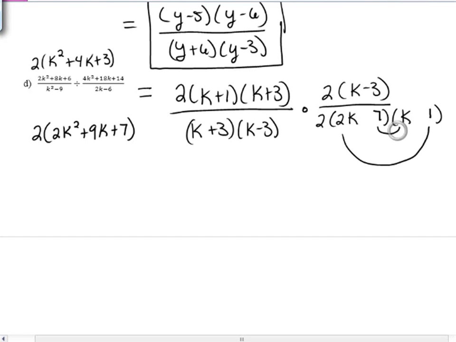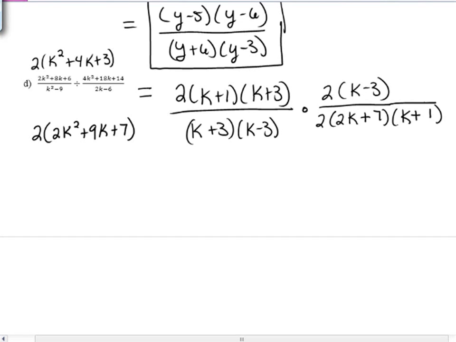Now when I do my multiplying for FOIL, I'll have 7k in the middle. Oh, let me fix my k. And when I do the outers, I'll have 2k. And this will give me the 9k that I need, and I need a positive 9k, and I also need a positive 7 when I multiply, so both of these get a plus sign. Just neaten that up.